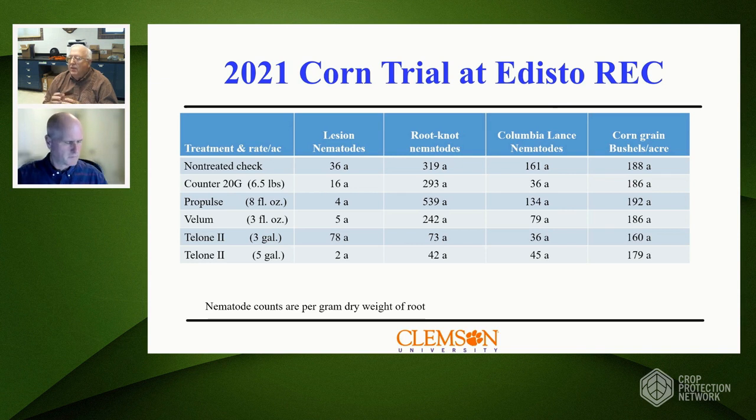But then at the end of the year, you'll actually see more nematodes somewhere that you've treated with something like a Counter than you do even in the check, because you've provided a healthy root system, which is where nematodes can feed later in the year. They're not causing as much damage because the roots are there and they're bringing in the nutrients and the water the plant needs, but they're also allowing nematodes to feed and reproduce.